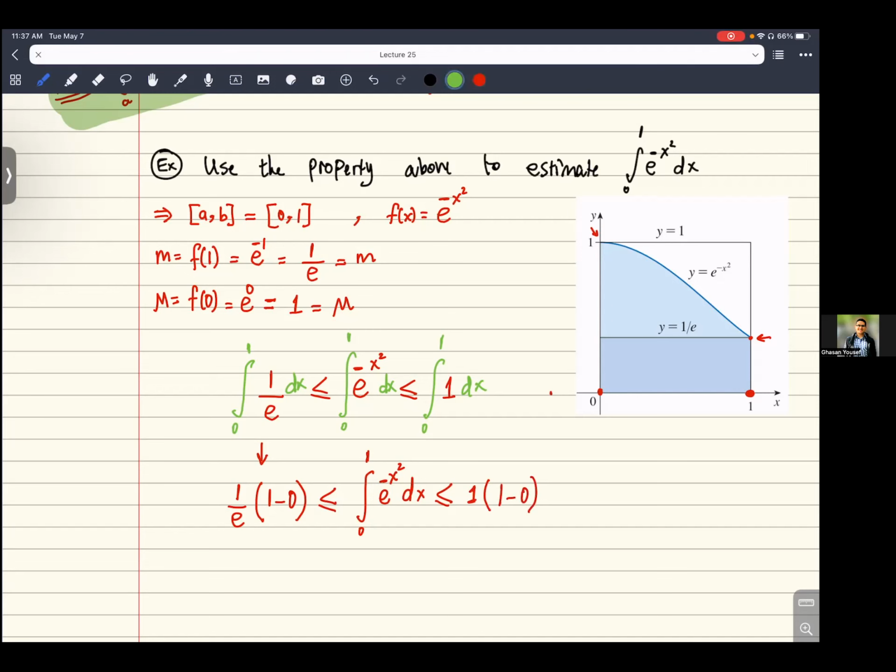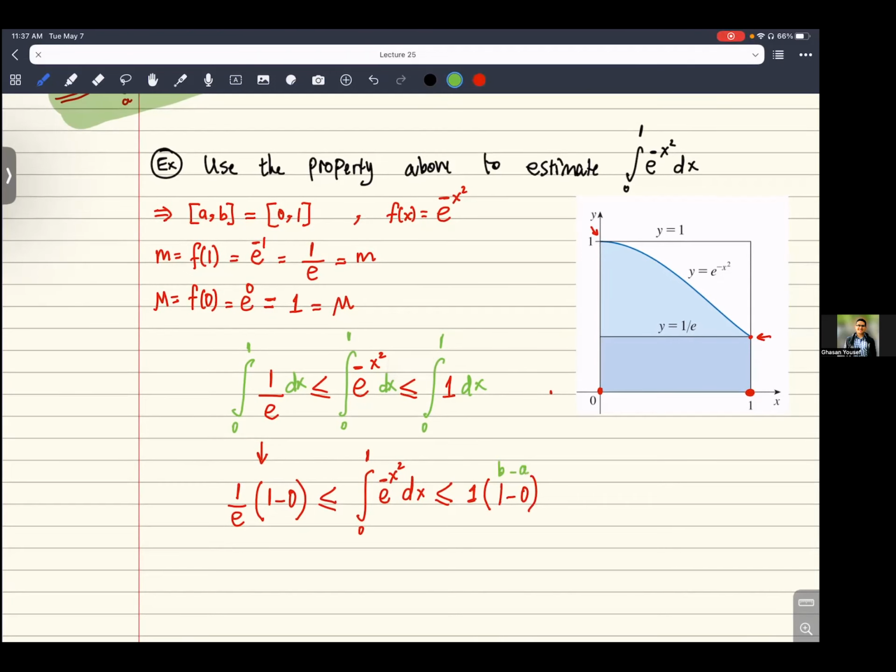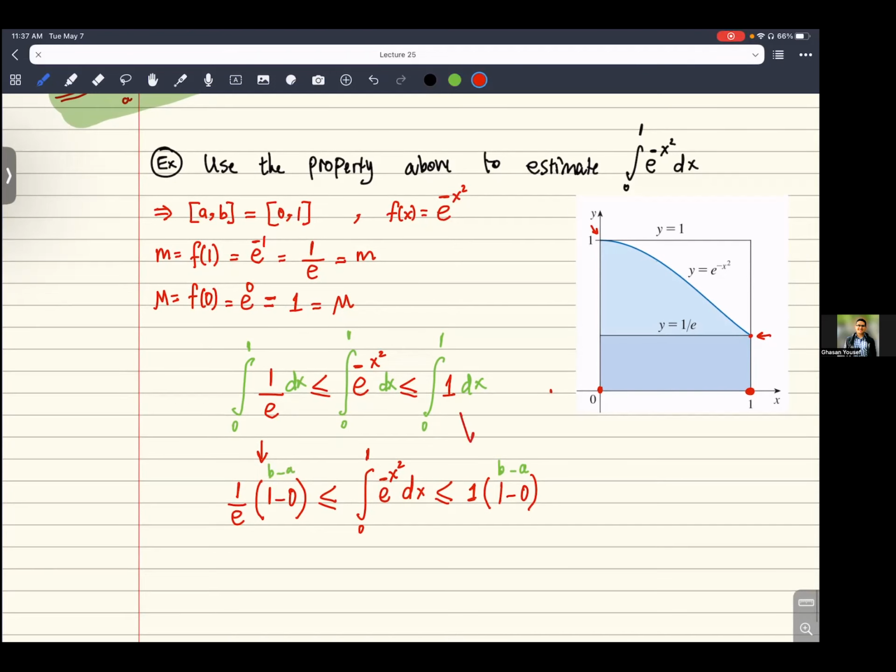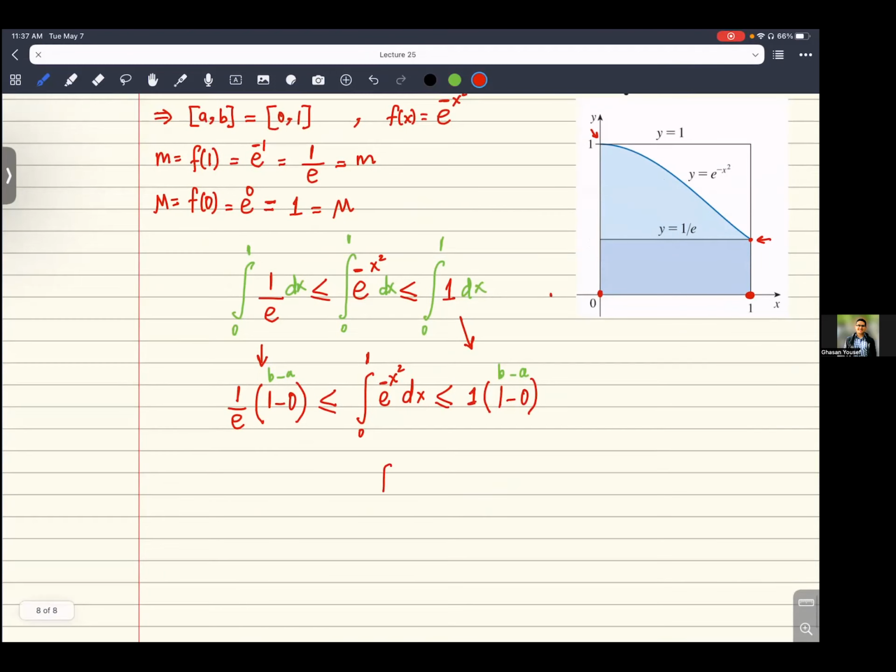B minus a. Okay, so the integral from 0 to 1 of e to the minus x squared dx is between two values. What's the first value? e to the minus 1 and 1. By using the property of integrals.